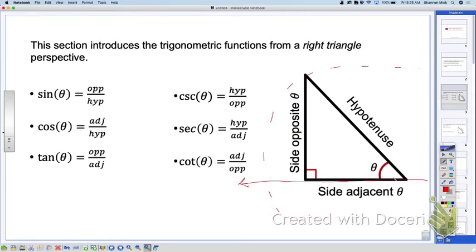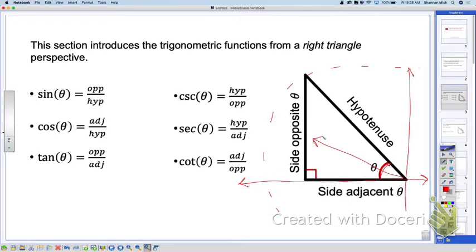If I put this triangle right here in the coordinate plane, and I want this angle theta, isn't opposite the y value? Because up and down is y, correct? And my hypotenuse is my radius, isn't it?